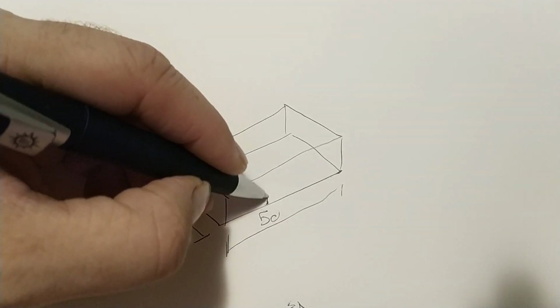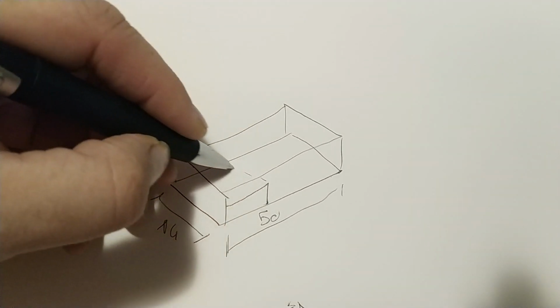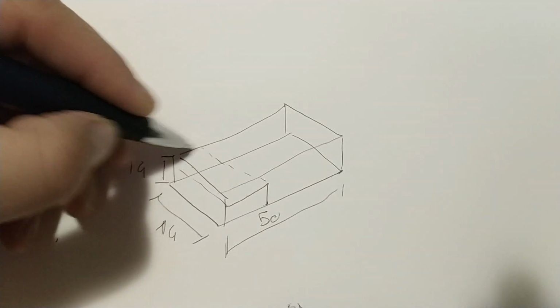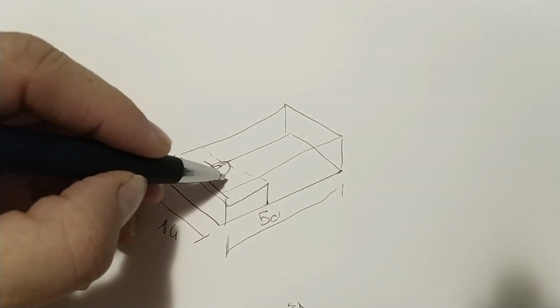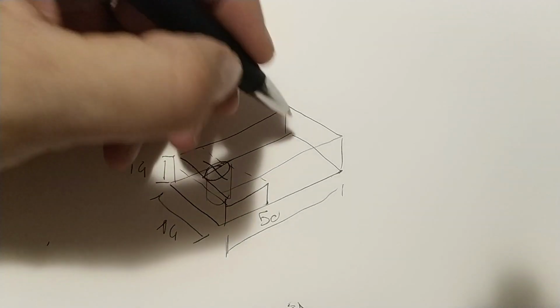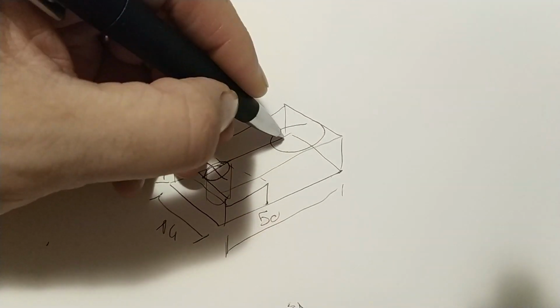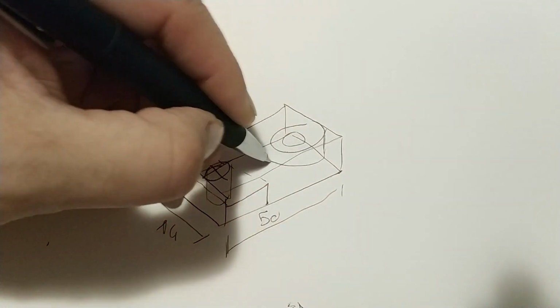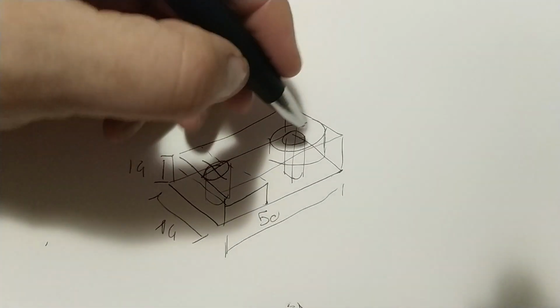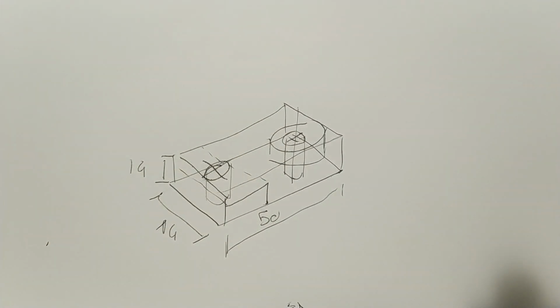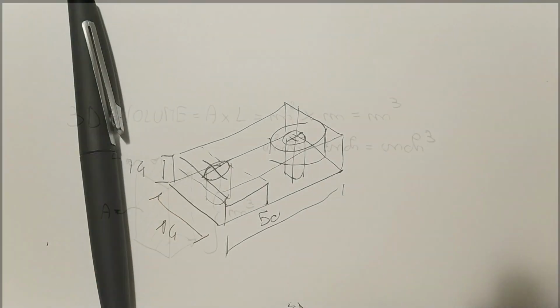Also, this steel block has a cut in this position that arrives to the other surface. There is an upper hole that is passed through, and here there is another special hole where the bigger is not passed through and the smaller yes. So we want to make this simple steel block.